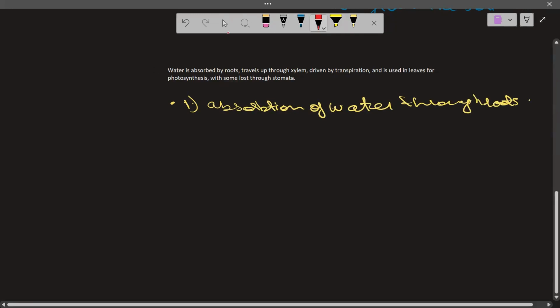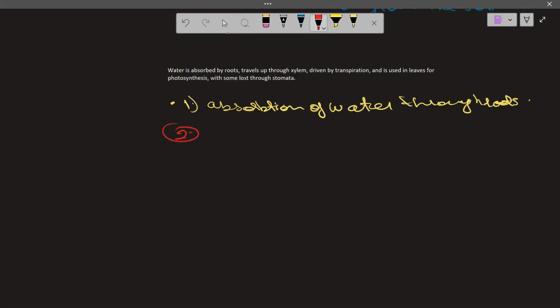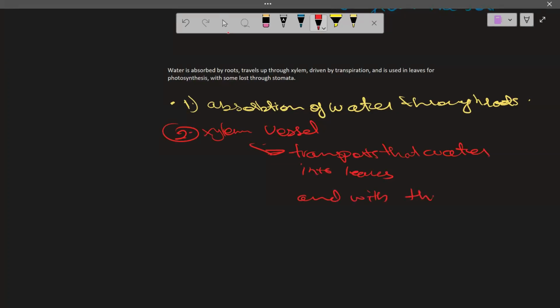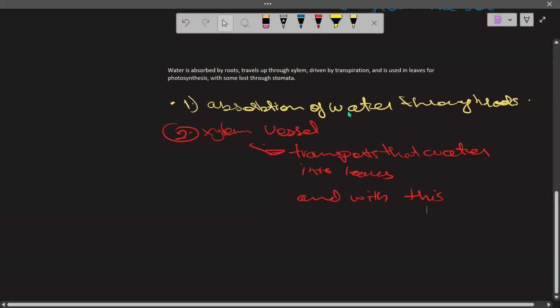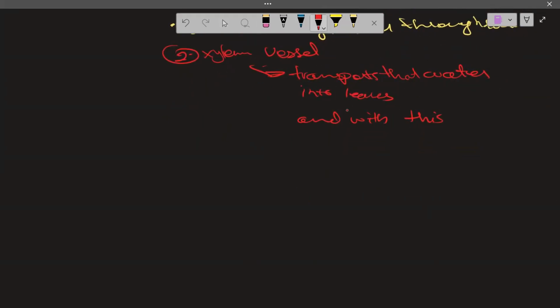The second step: the water is then transported to the xylem vessel, and that vessel transports that water into the leaves. The xylem vessel also helps in transpiration.